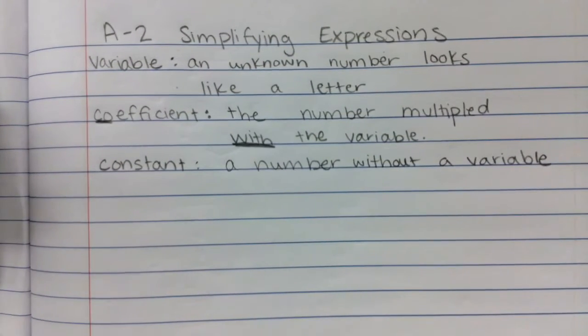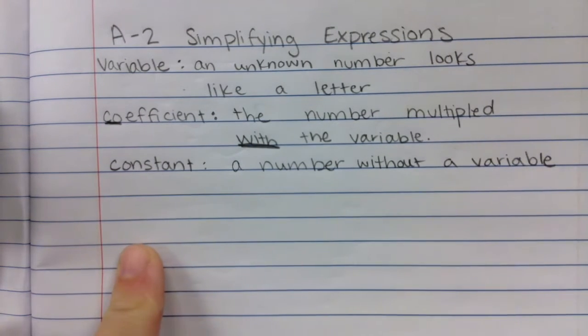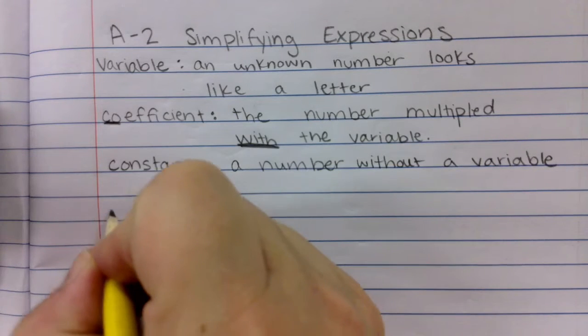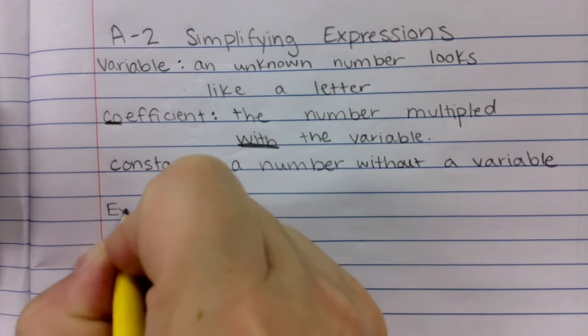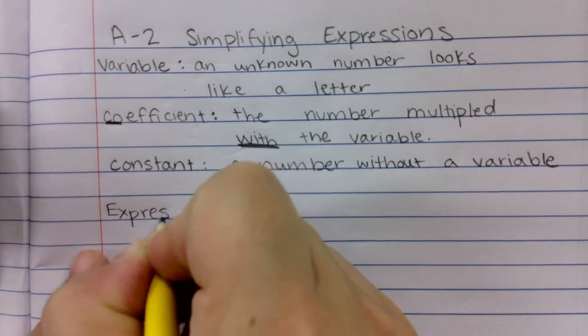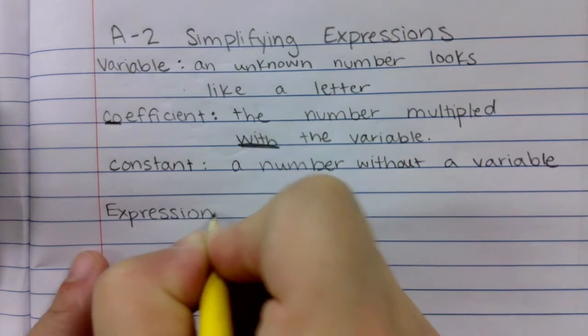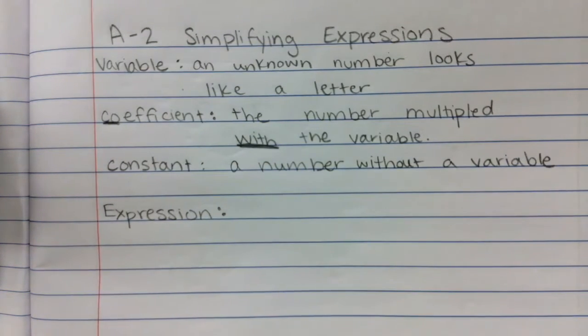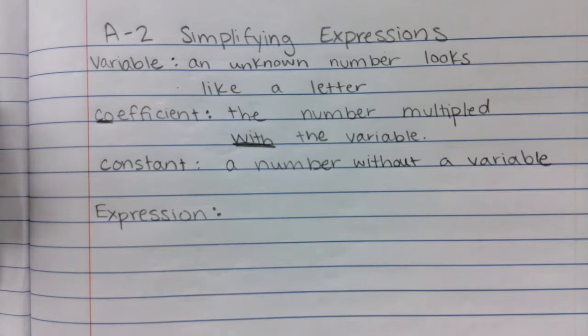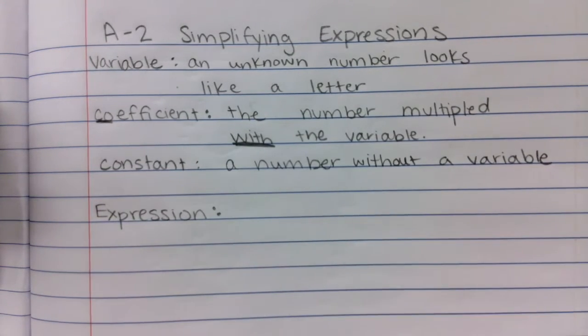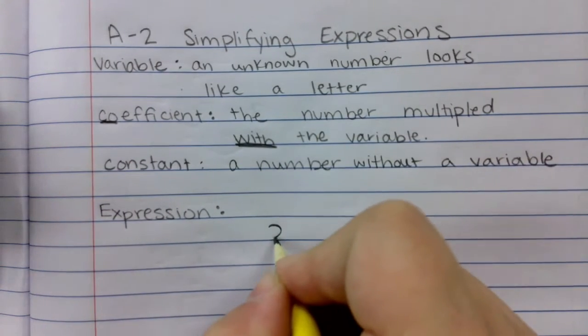So we're going to apply this, and we're going to label and mark up a little bit of an expression. So here we have our expression. And for our expression, we're going to write in big font, 3x plus 2.